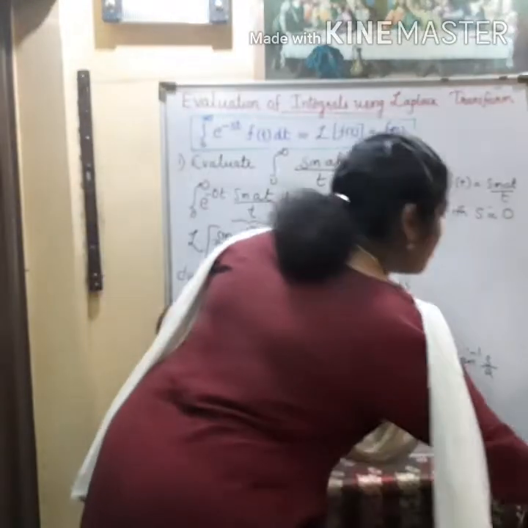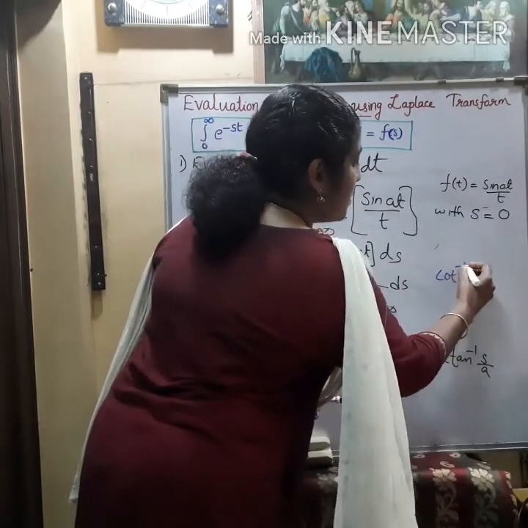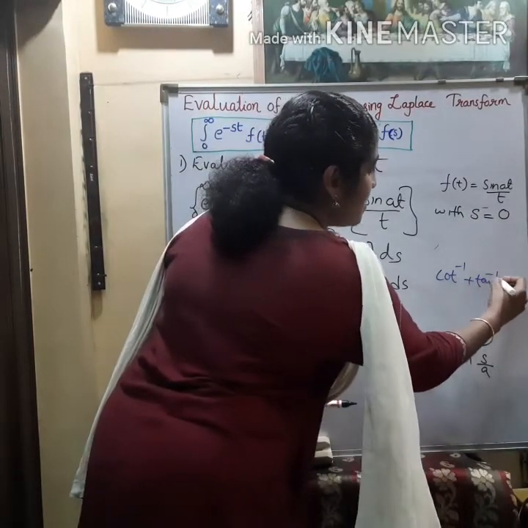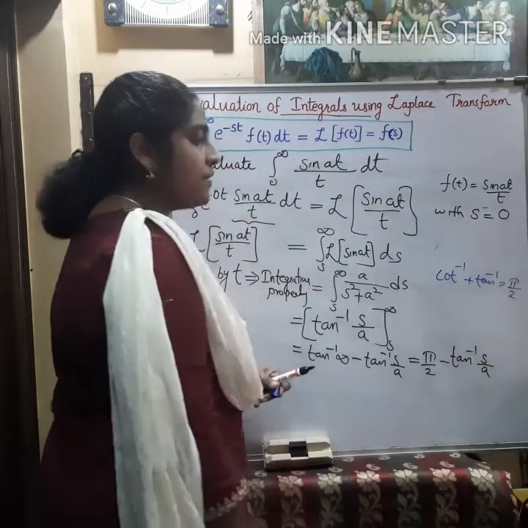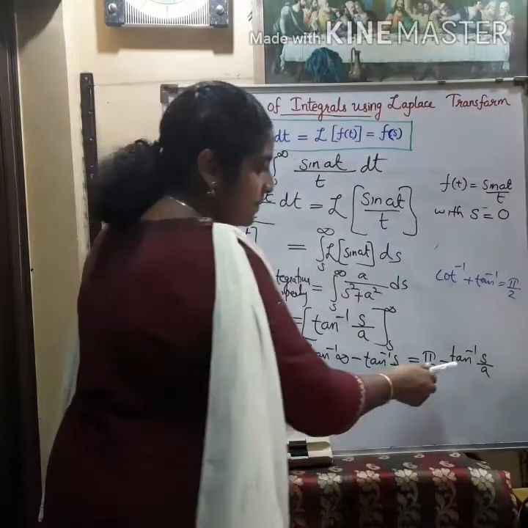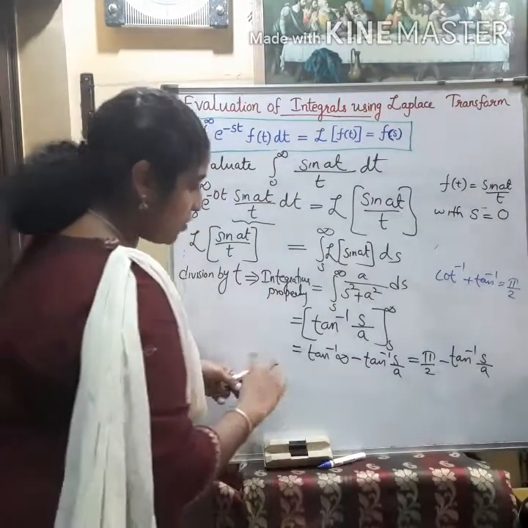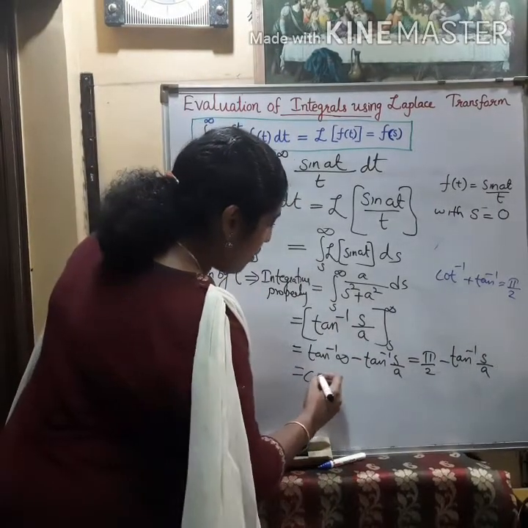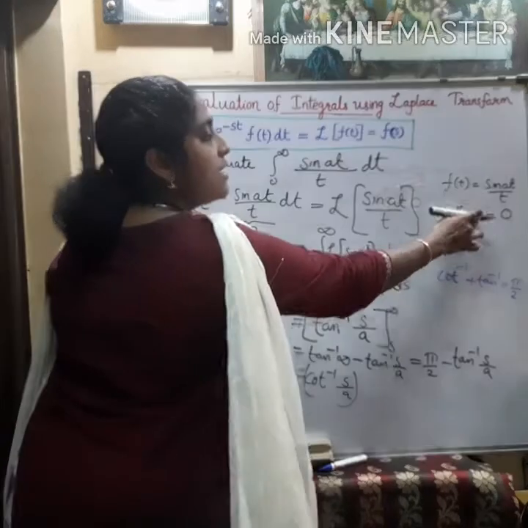Okay, we know the general formula, cot inverse plus tan inverse. What is cot inverse plus tan inverse? That is equal to pi by 2. Okay, cot inverse plus tan inverse is equal to pi by 2. So we can write it as pi by 2 minus tan inverse is cot inverse. So this will be equal to cot inverse s by a, with what is our s?